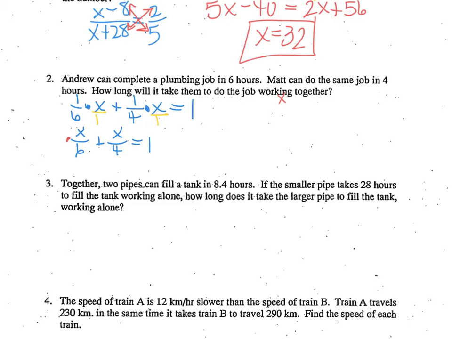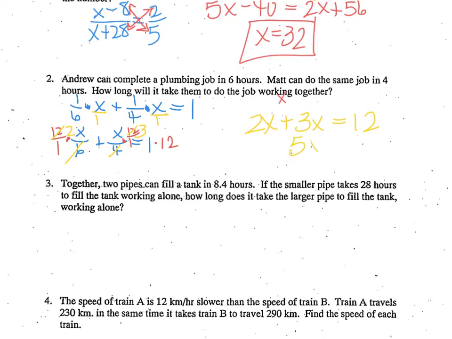If you do 12, it'll be multiplying everything by 12 over 1, and I'll show you, it's going to clear out these fractions, because 6 goes into 12 2 times, and that gives me 2 times x, which is 2x. 4 goes into 12 3 times, which is 3 times x, 3x, equals 12 times 1, 12.